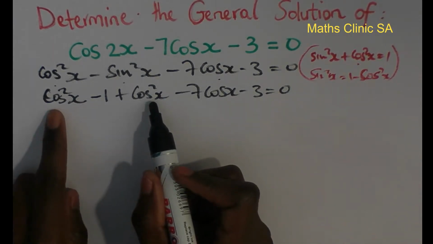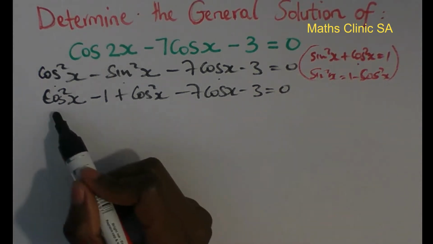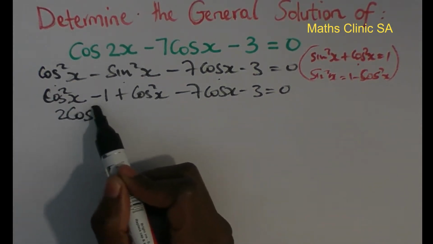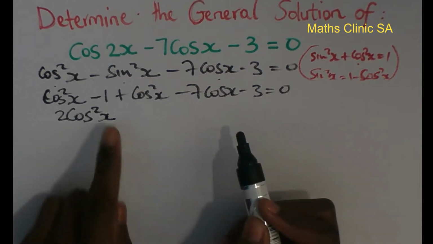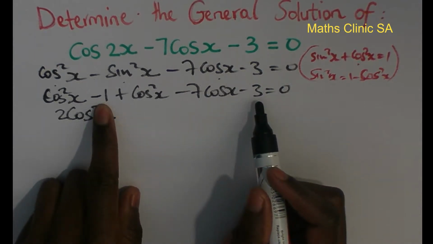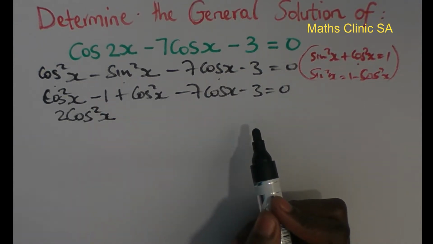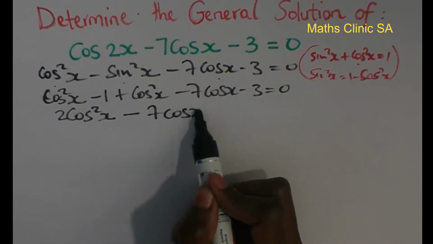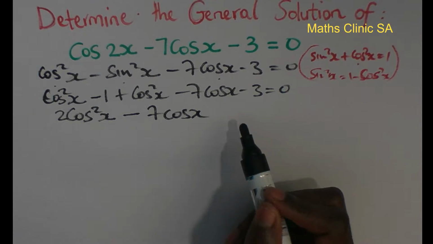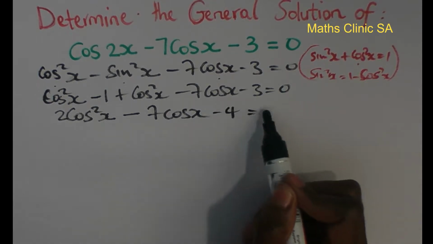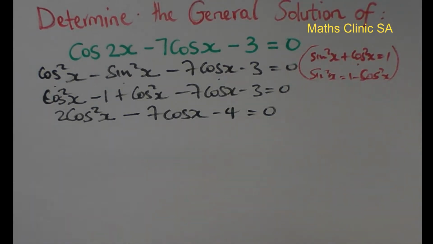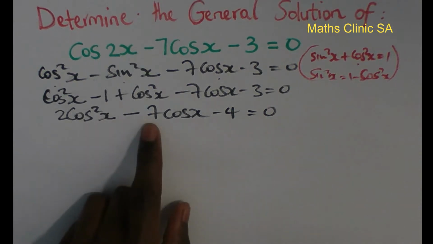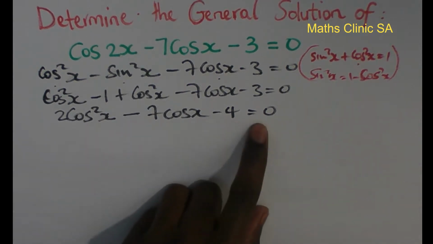Now the like terms: cos squared plus cos squared gives 2 cos squared x, then negative 1 and minus 3 gives minus 4, and the middle term is minus 7 cos of x. So 2 cos squared x minus 7 cos x minus 4 equals 0.